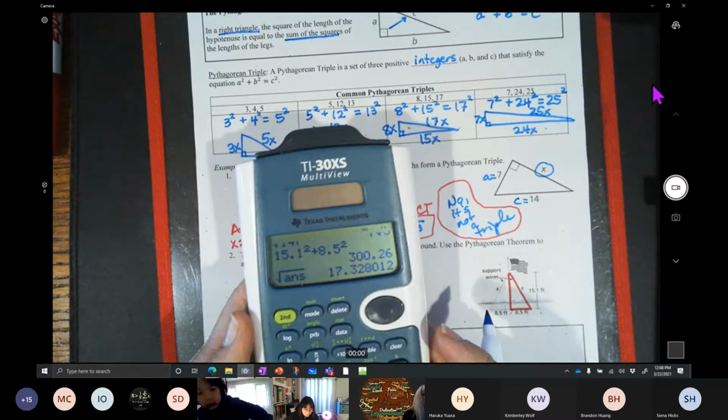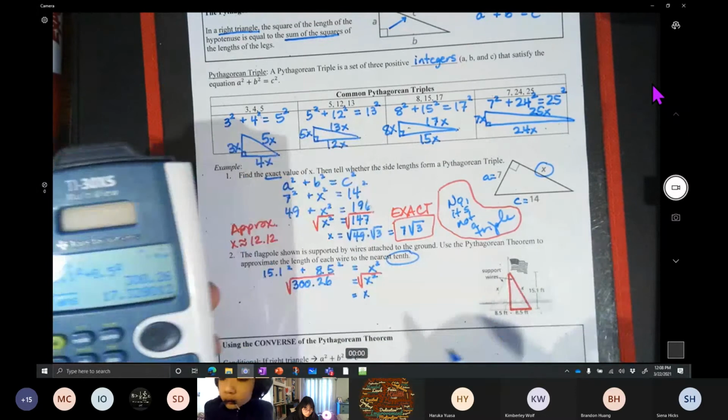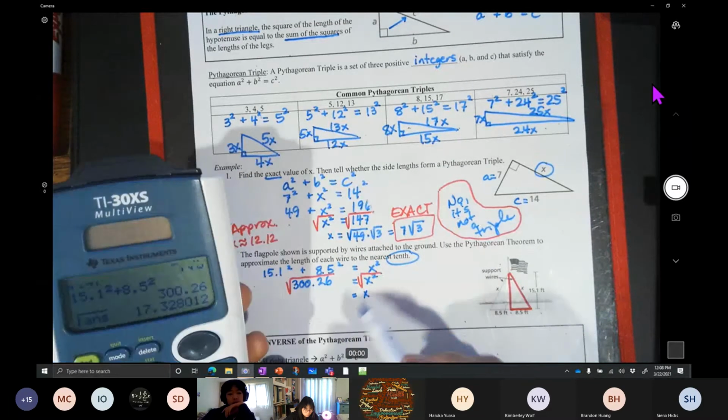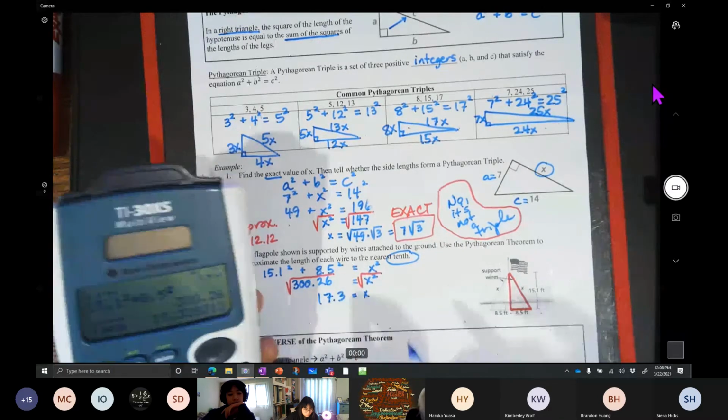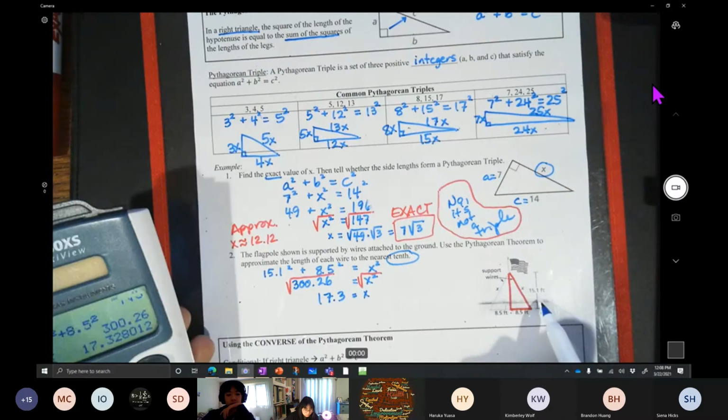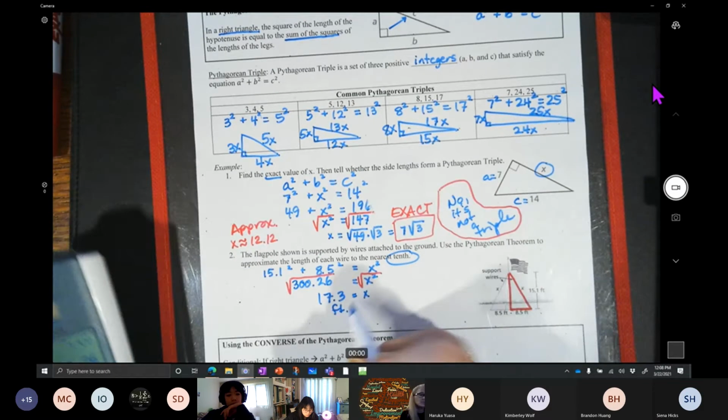Yeah, 17.33, but it says to the nearest tenth, which is just one decimal. And those are feet. Always do our units.